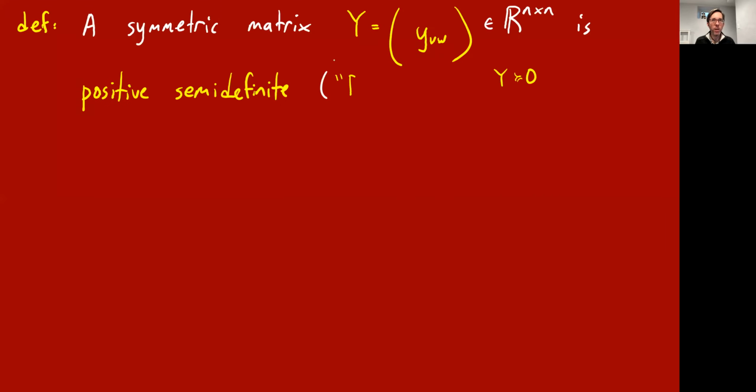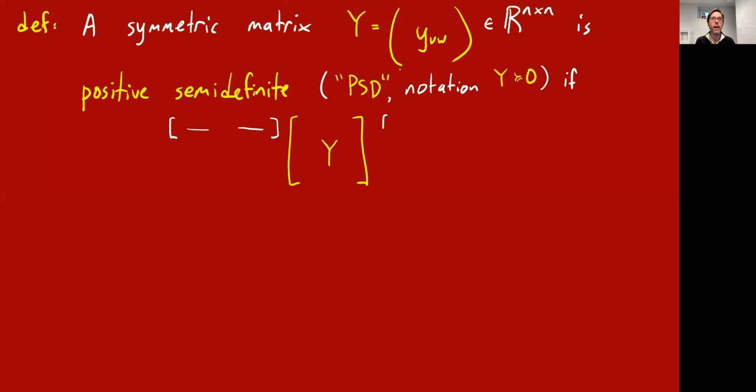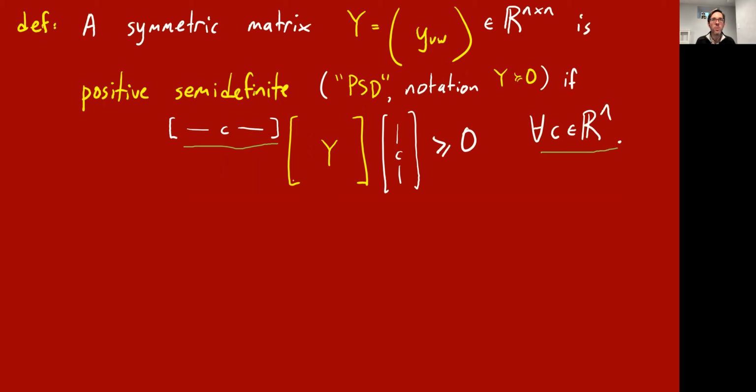So an n by n symmetric matrix, capital Y, of numbers is said to be positive semidefinite, or PSD, if it has this property: for any real vector C, C transpose times Y times C is non-negative. So that's infinitely many inequalities.